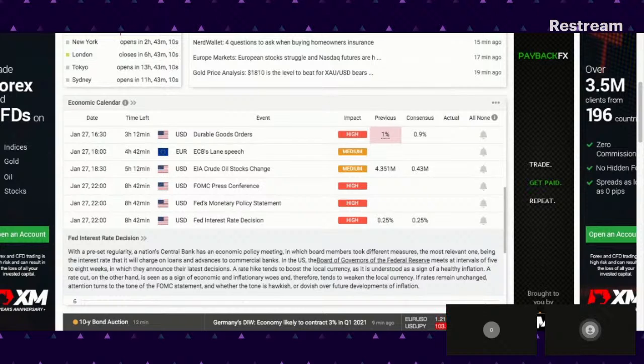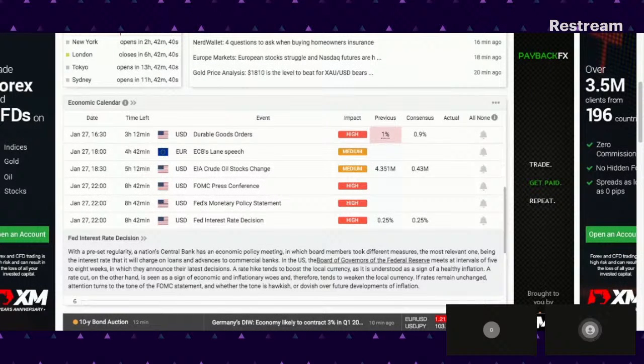In the US, the Board of Governors of the Federal Reserve meets at interval of 5 to 8 weeks, in which they announce their latest decisions. A rate hike tends to boost the local currency, as I was speaking earlier, as it is understood as a sign of healthy inflation. A rate cut, on the other hand, is seen as a sign of economic and inflationary woes, and therefore tends to weaken the local currency.